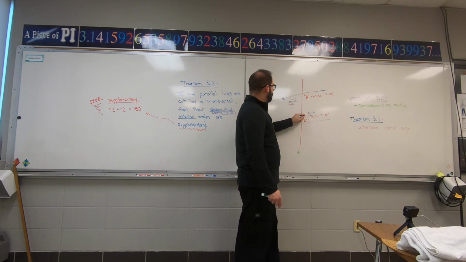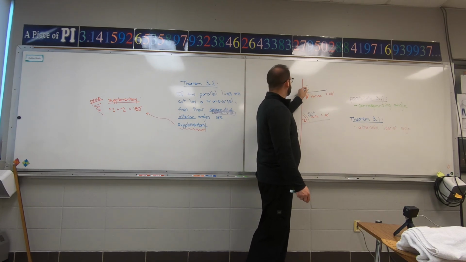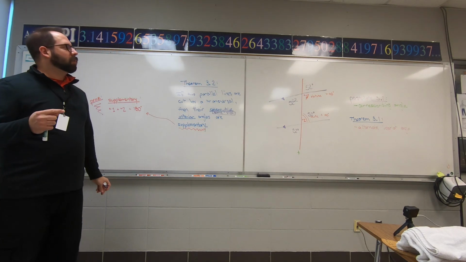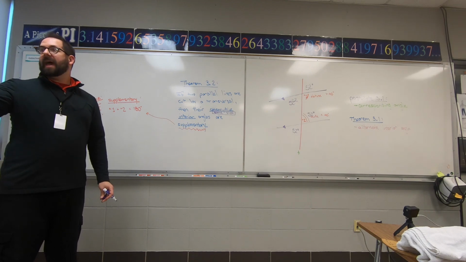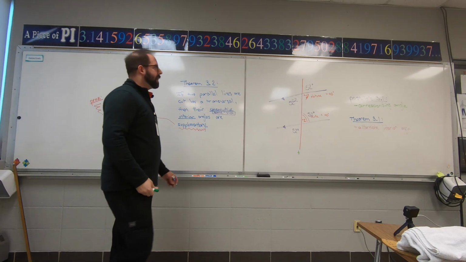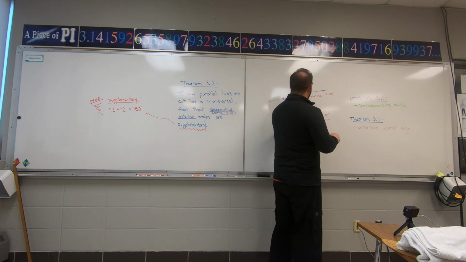The funnel system makes this 52, and the funnel system makes this 52. What does angle number 1 have to be then? 128. Yeah, it has to add up with the 52 to make 180. So this angle number 1 would have to be 128 degrees. This green is dying.